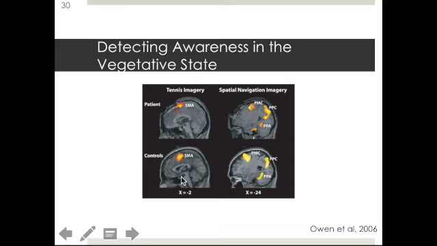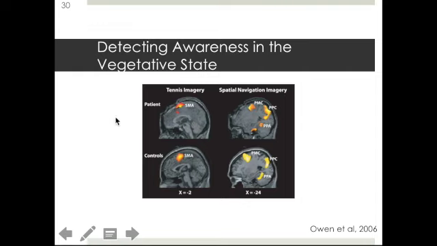and in response to being asked to imagine playing tennis, they actually activated their motor areas, specifically the supplementary motor area. This is very similar to a group of control subjects, and in response to being asked to navigate spatially in their own home, they activated the same set of areas as in controls.